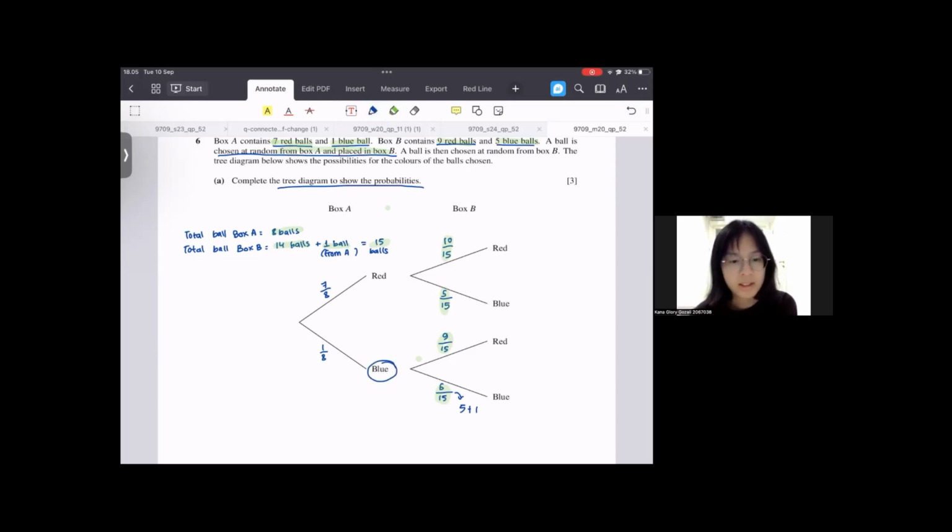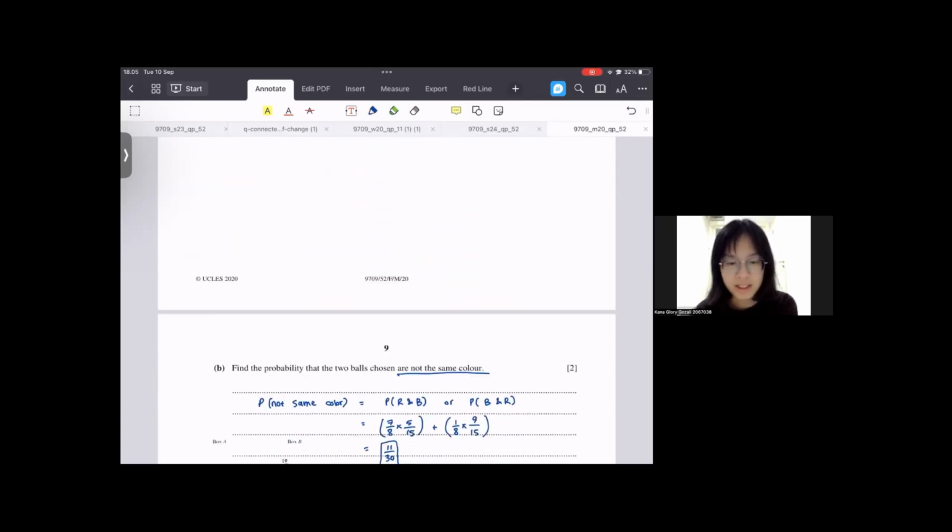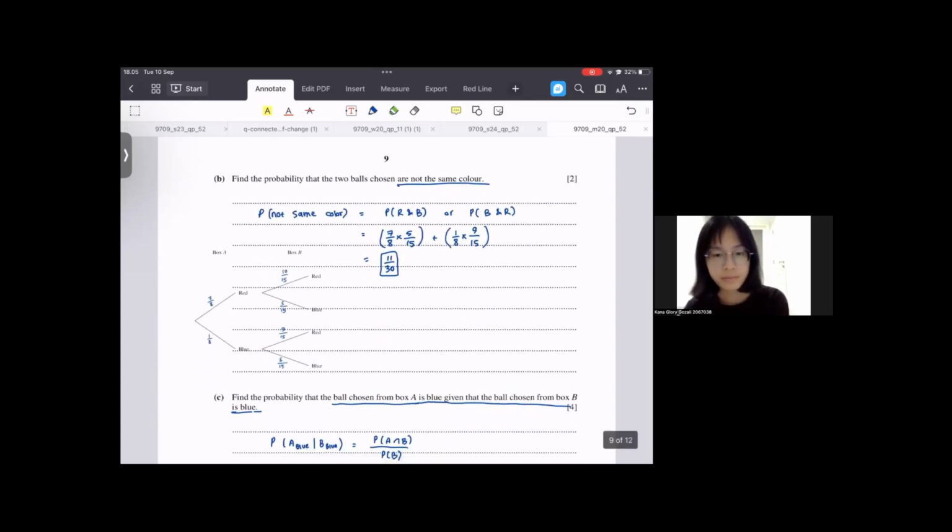Now let's continue to question 6B. Find the probability that the 2 balls chosen are not the same color. So the probability of not the same color can be the probability of getting red and blue, or the probability of getting blue and red.